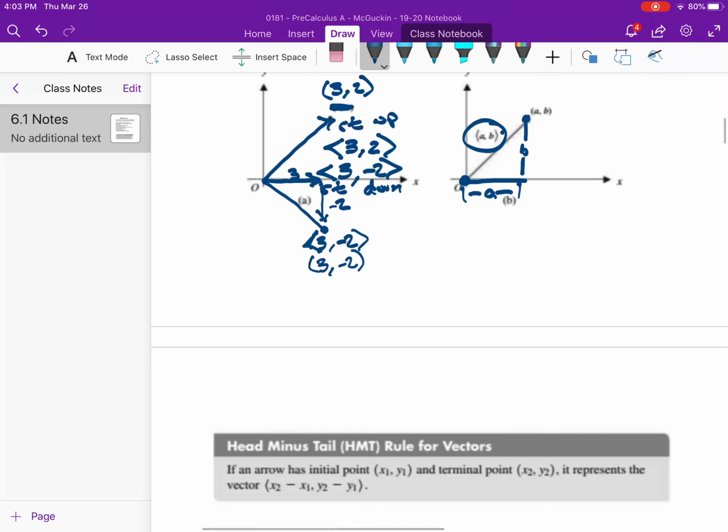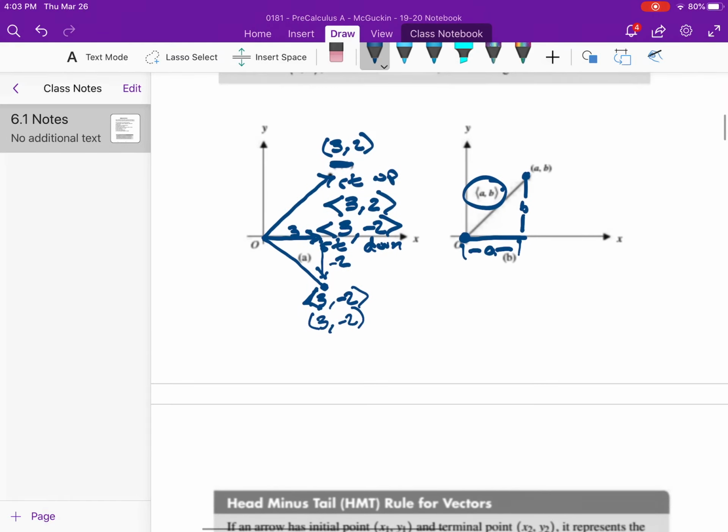My initial point for these vectors would have been the origin at 0, 0, and the terminal point would have been 3, 2. That is why we have an initial point here and a terminal point here.